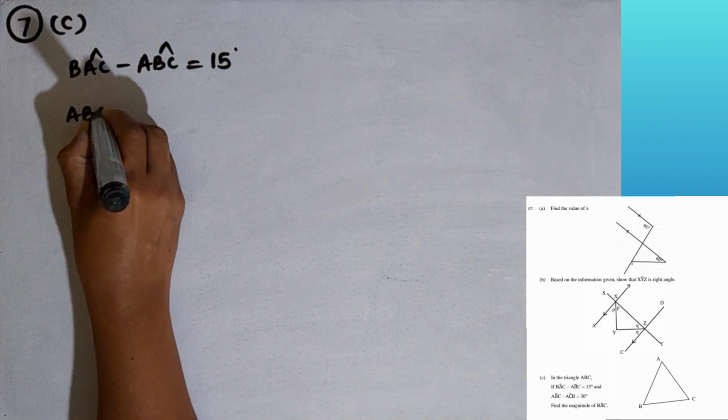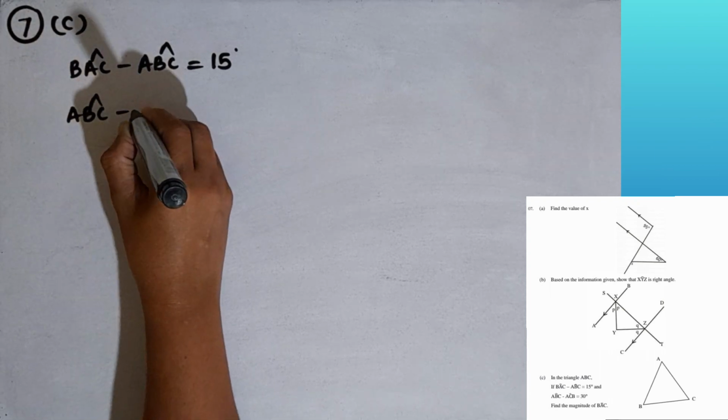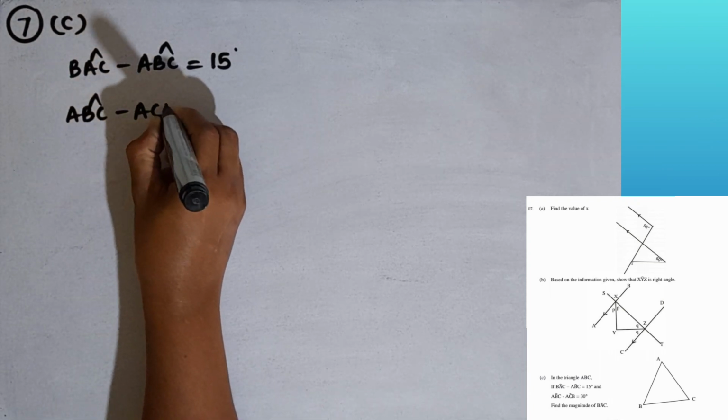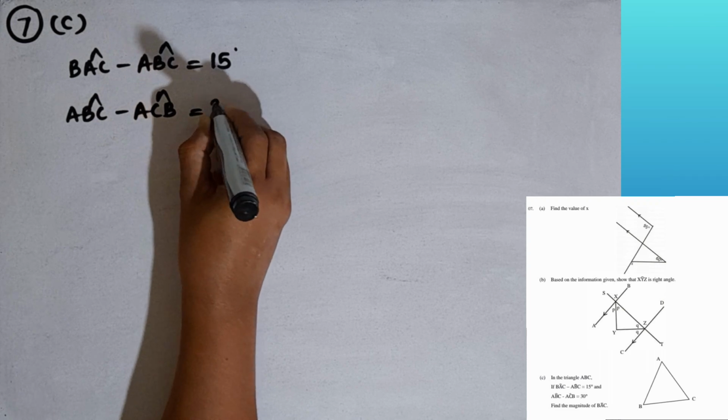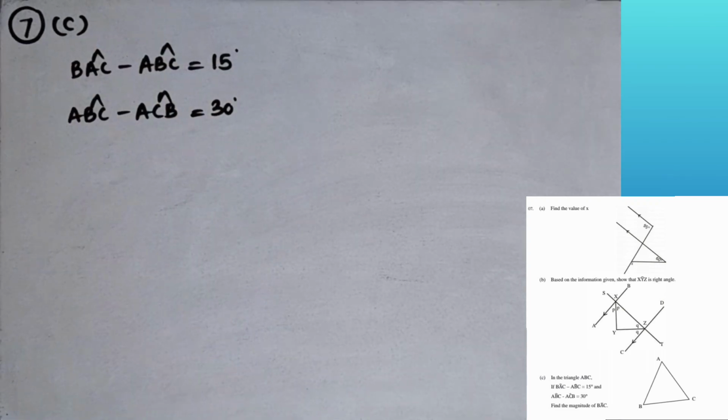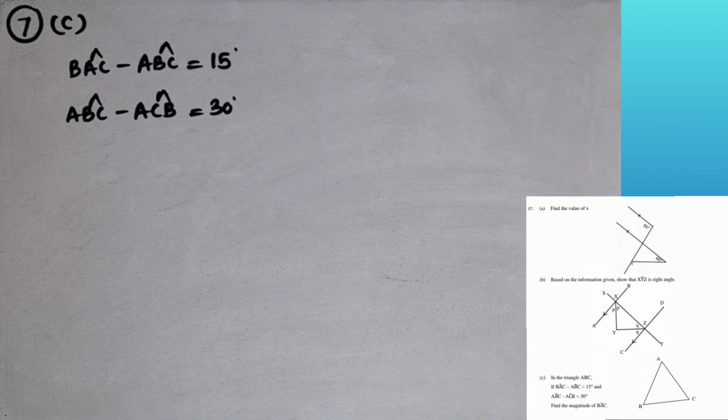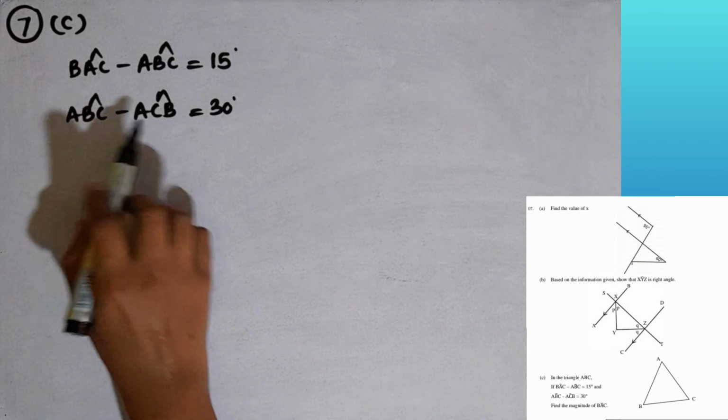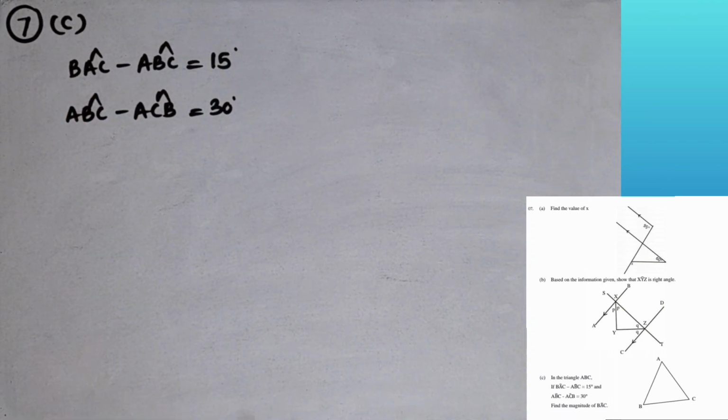Find the magnitude of BAC angle. We want the magnitude of BAC here. So we are taking the other two angles in terms of BAC. Because we can write another equation as the interior angle sum of a triangle as 180 degrees.